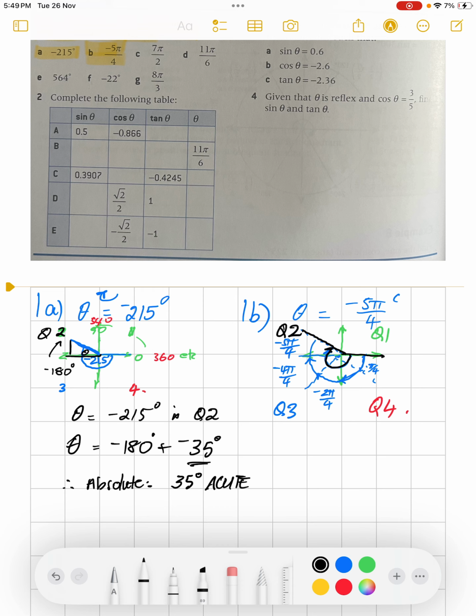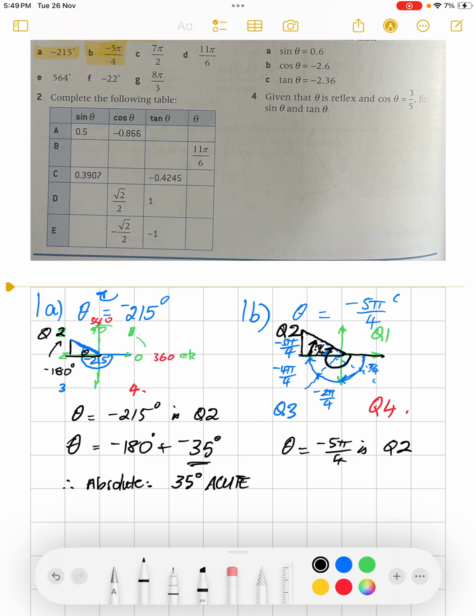So we could say theta is negative 5 pi over 4, which is in quadrant 2. And what is the acute angle? The acute angle is the angle that it makes to the x-axis. If you remember, it was a negative pi over 4 extra on negative pi.